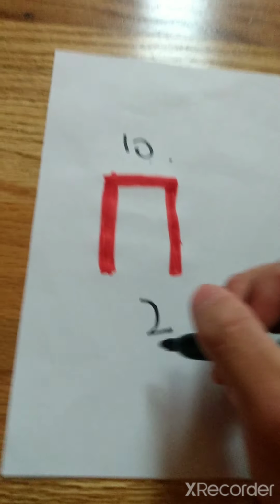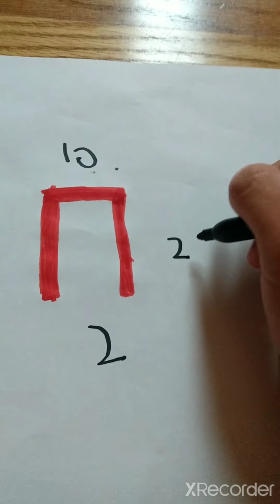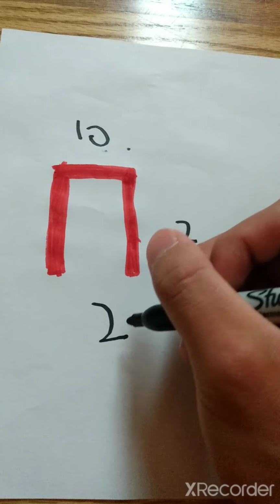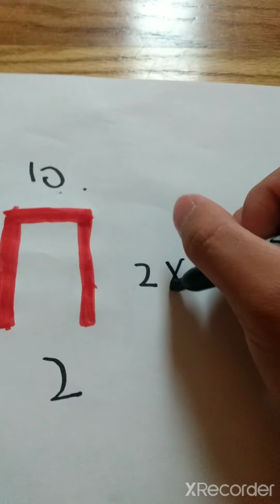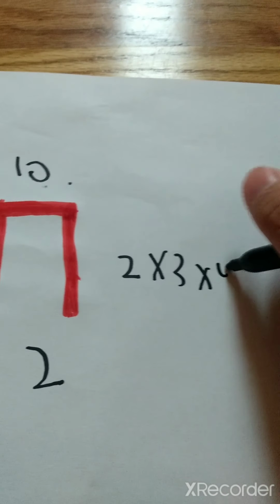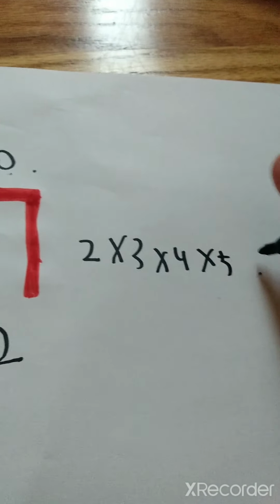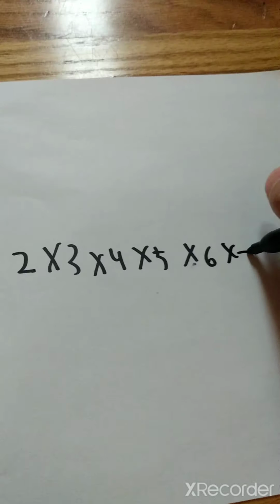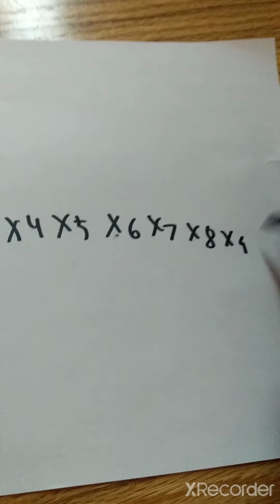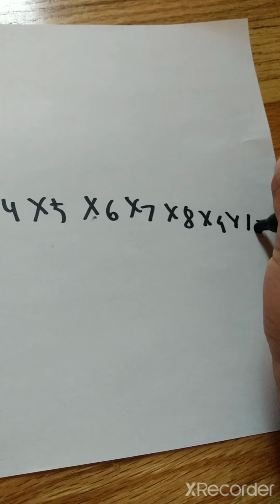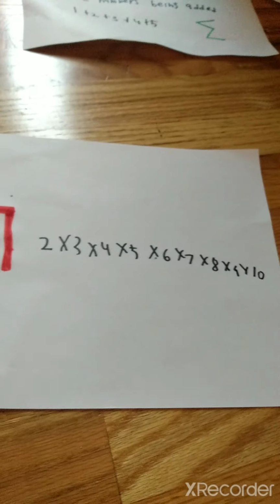So instead of starting at 1, we start at 2 because that's the starting position, the starting line. So we say 2 times 3 times 4 times 5 times 6 times 7 times 8 times 9 times 10. This will end up a really big number.